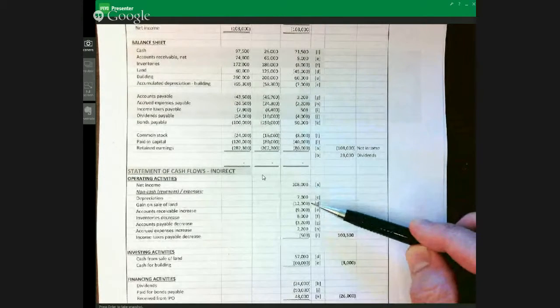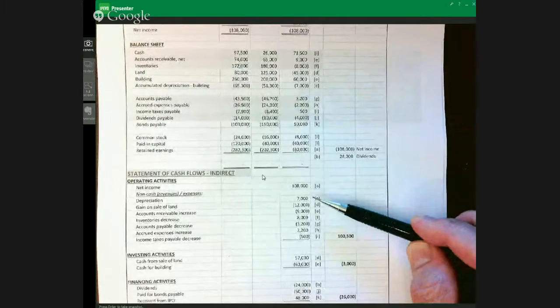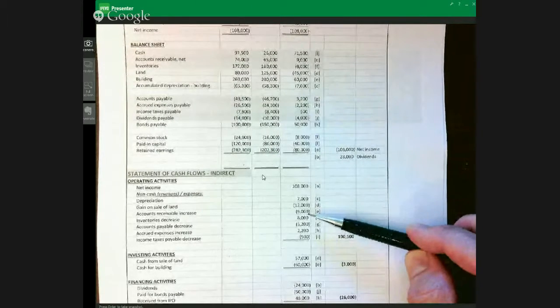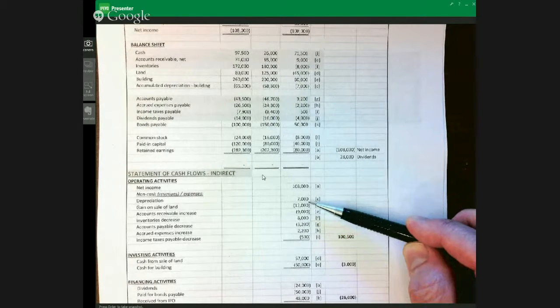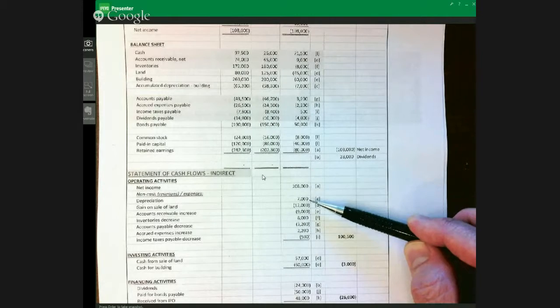Because the income statement is comprised of accrual income, income that might have been earned but not received in cash, and there may be some non-cash expenses in the income statement like depreciation, there will be a difference between income reported and cash receipts and cash disbursements.